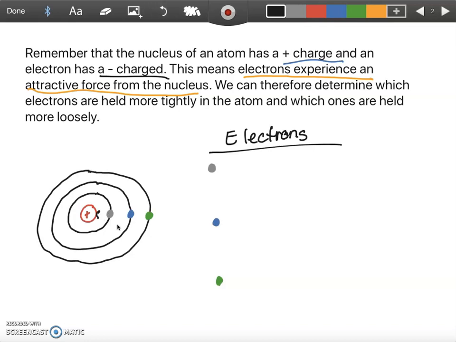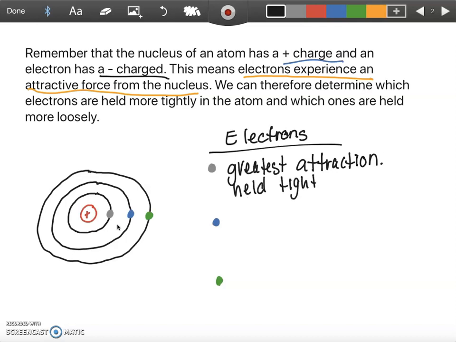This means that the gray electron experiences the greatest attraction. Okay? And because it experiences the greatest attraction, it is held tightest by the nucleus. Okay? You're going to have a very hard time getting this core electron out of here because it is so close to the nucleus and experiences such a high attraction.